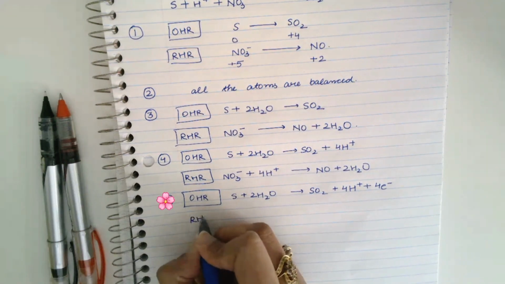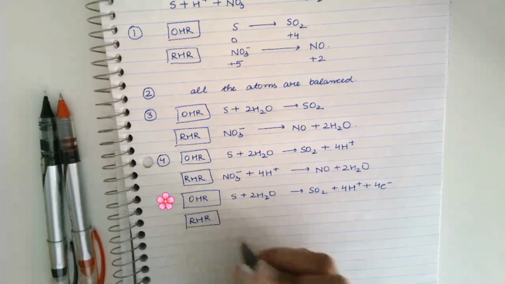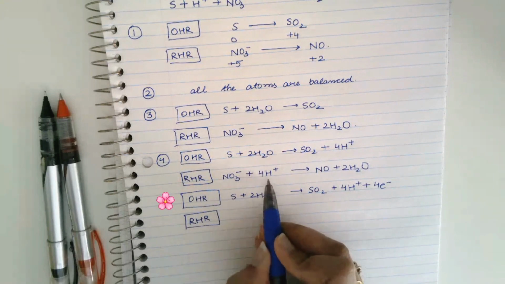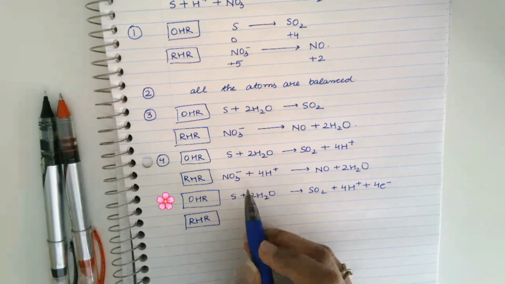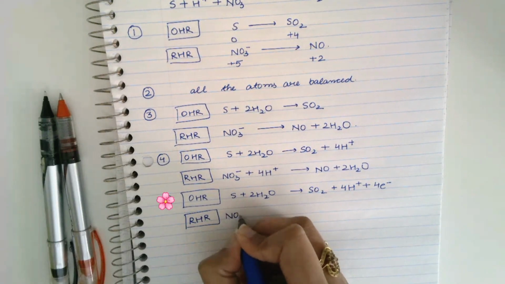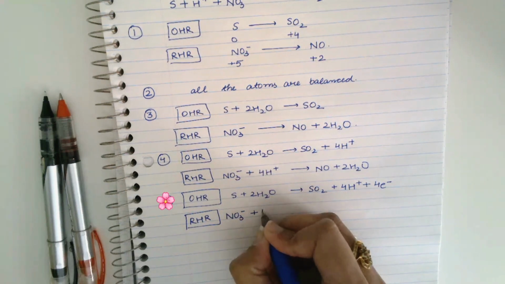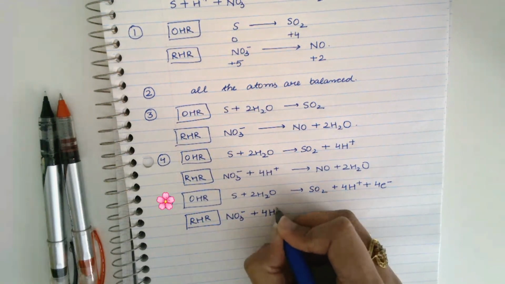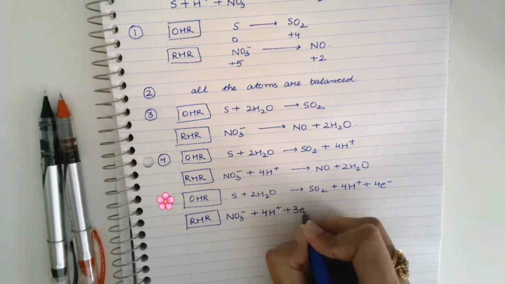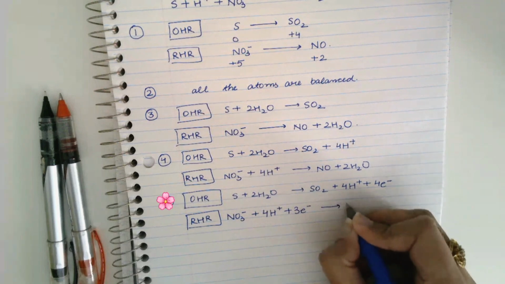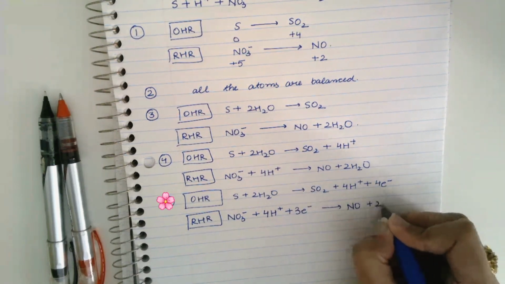For the reduction half reaction, we have one negative and four positive charges on the left side. So to get net zero charge, we will add three electrons on the left side to balance this.